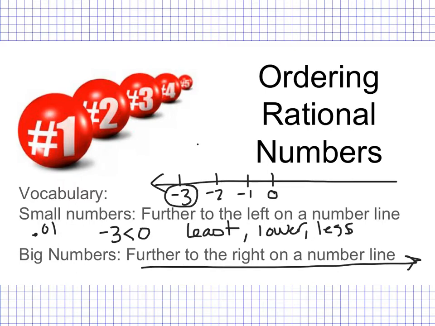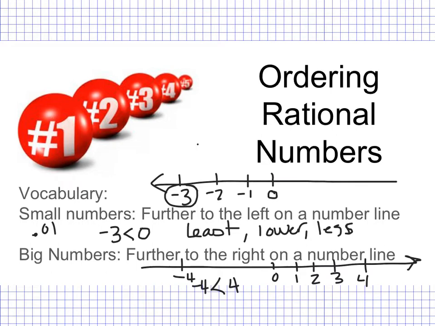And then for big numbers, those are further to the right. This one shouldn't feel as different, right? 1,000,000 is still a big number. It's anything further to the right. So 4 is still bigger than 3. 4 is also bigger than, say, -4.